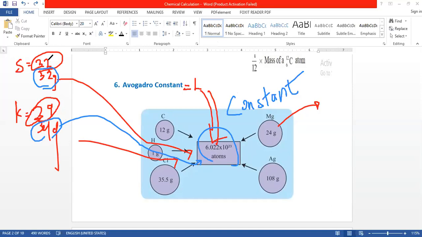For every relative atomic mass in gram, it is constant. This constant was introduced by Avogadro, and that's why it is called the Avogadro constant.